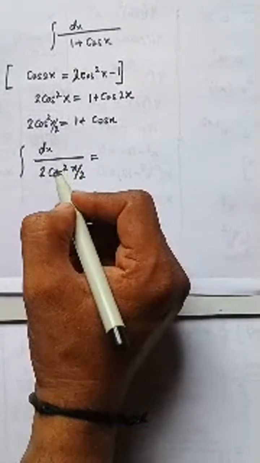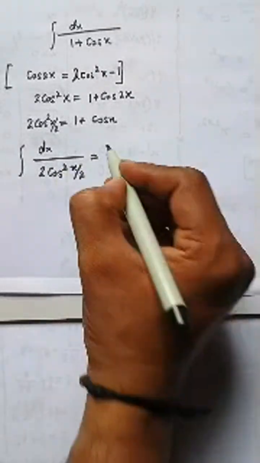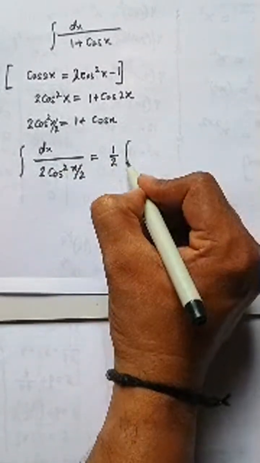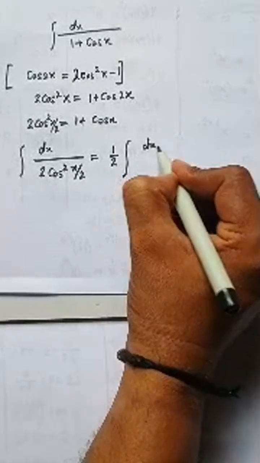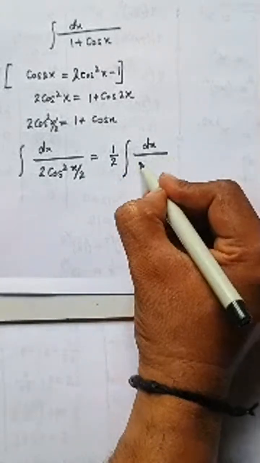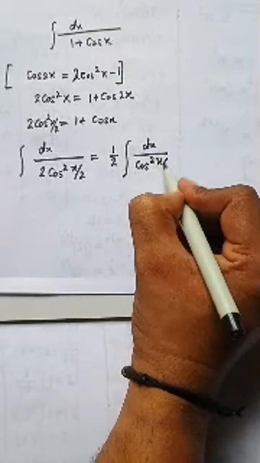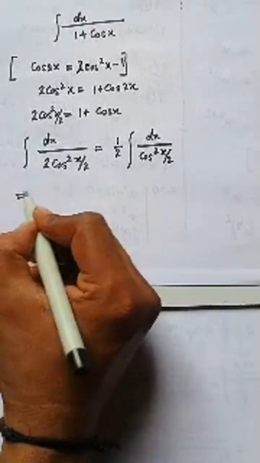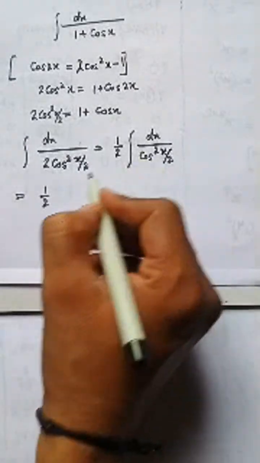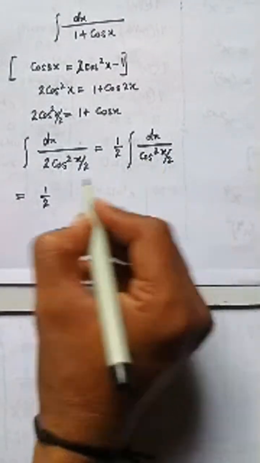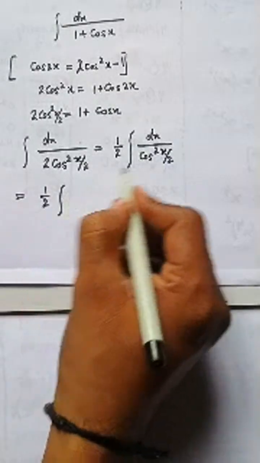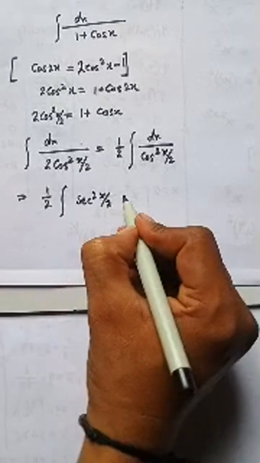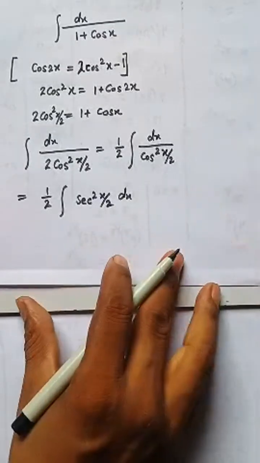So we know that 1 upon cos square x is sec square x, and 1 by 2 is a constant term, so I'm putting this 1 by 2 outside of the integration. And now we have 1 upon 2 integration of sec square x by 2 dx, right?